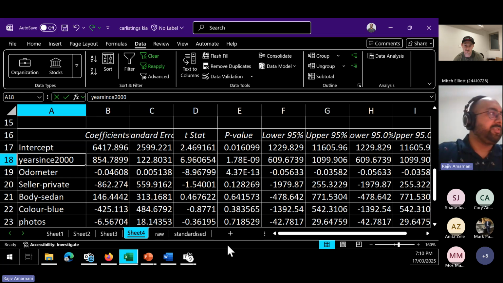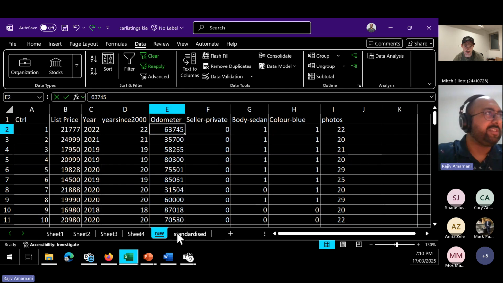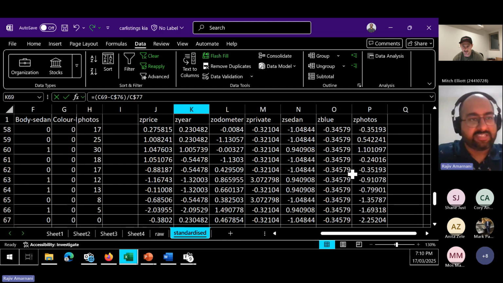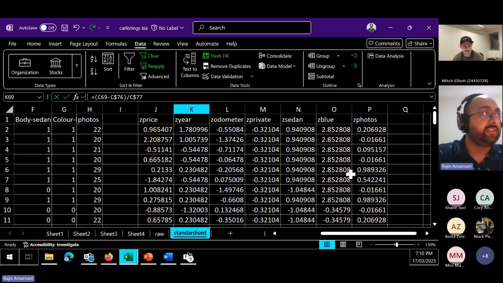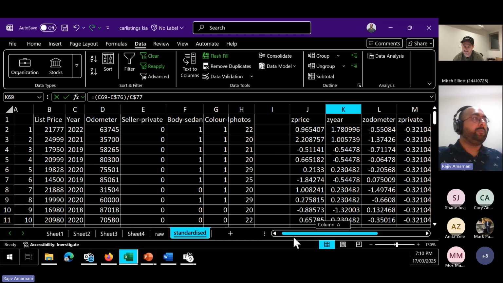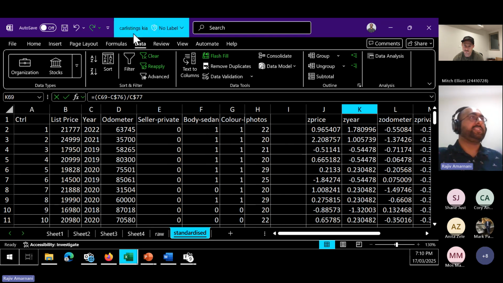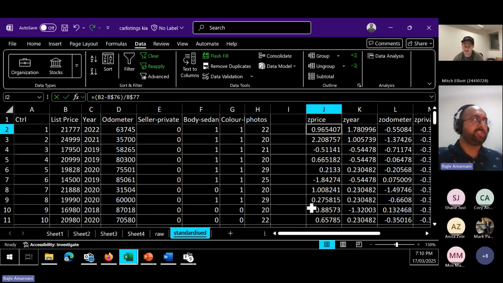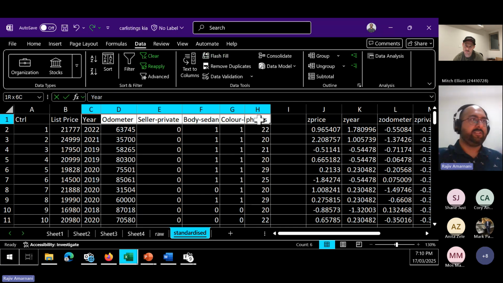So the way we make things commensurable, everything we've done so far, is we work with z-scores, class. We work with z-scores, and this gives us a standardized regression. So I have here put together a version of the car listings data where I've worked out the z-scores for everything, list price, our outcome, and all the predictors. I haven't rescaled year. Let's not worry about that for now.